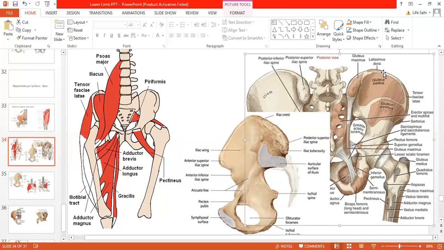Behind external oblique and the highest point of the iliac crest is the attachment for the latissimus dorsi. First year students from their previous knowledge of the upper limb know that latissimus dorsi is a muscle of the back, one of the superficial muscles of the back, and one of its attachments is on the iliac crest of the hip bone.